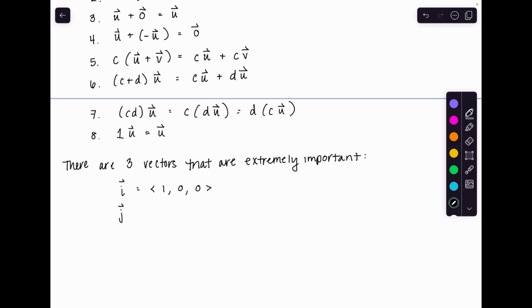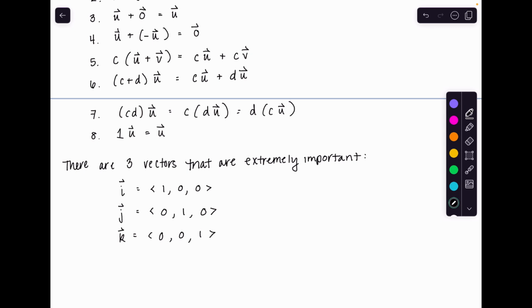Then we have the vector j, which is 0, 1, 0. And then finally, the vector k, which hopefully you see the pattern, is 0, 0, 1. So these vectors have a 1 in one component, 0 everywhere else.